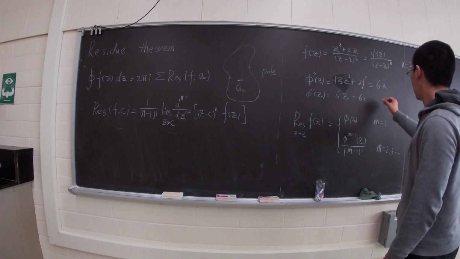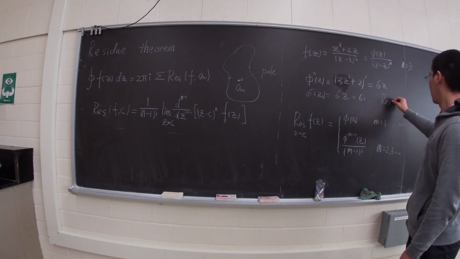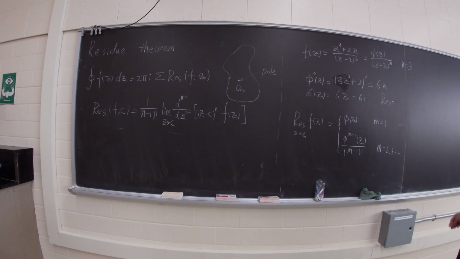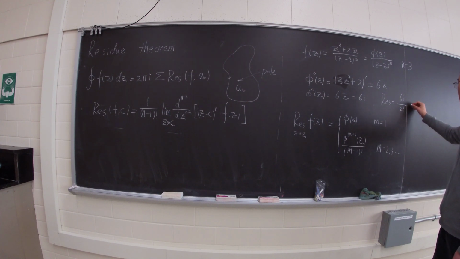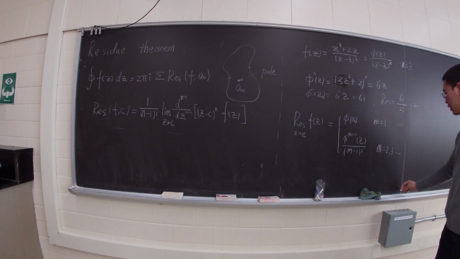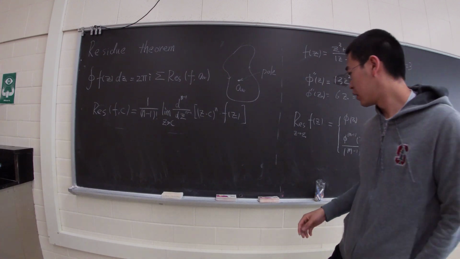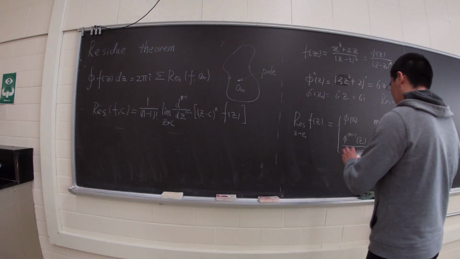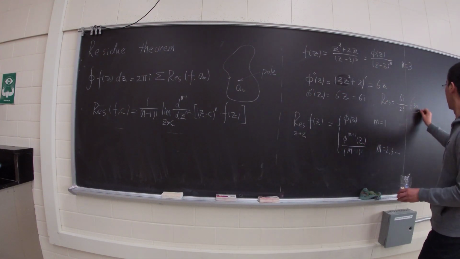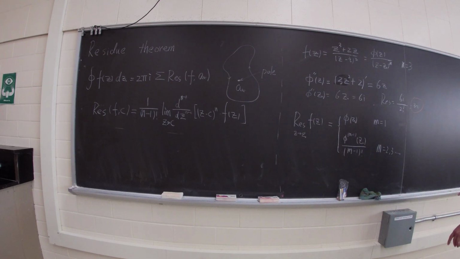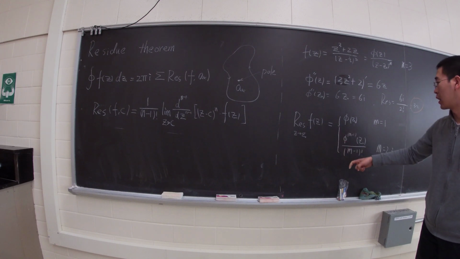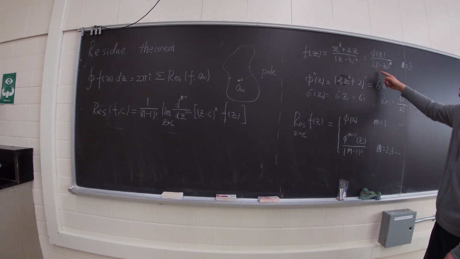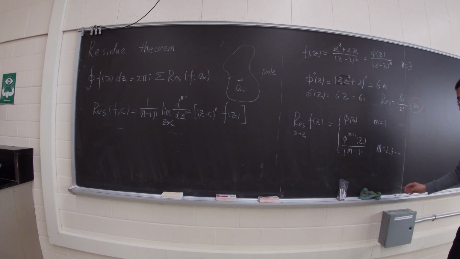So the residue will be 6i over 2 factorial, so it's 3i. And that's the answer for a function that has this type of form.